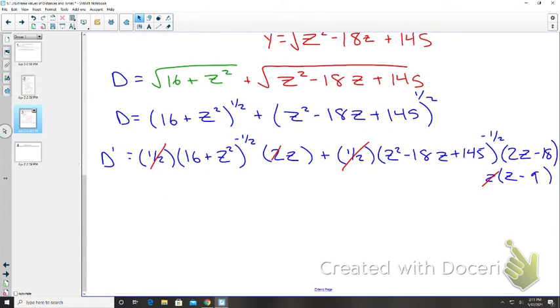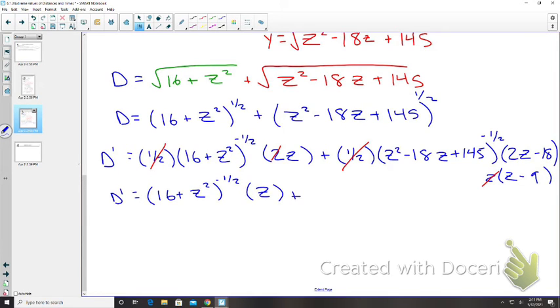So let's rewrite this: we have 16 plus z squared to the negative 1/2 multiplied by z, plus z squared minus 18z plus 145 to the negative 1/2 multiplied by z minus 9.